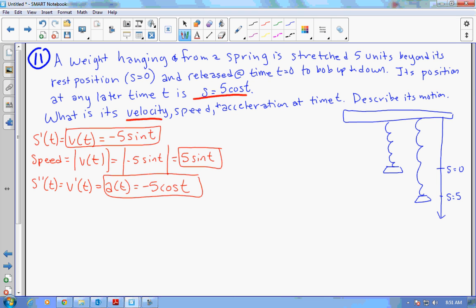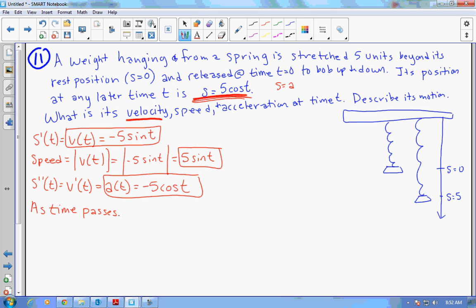Okay. Let's describe its motion. What happens to the spring as time passes? Okay. Now, notice this. You remember A, H, and K?